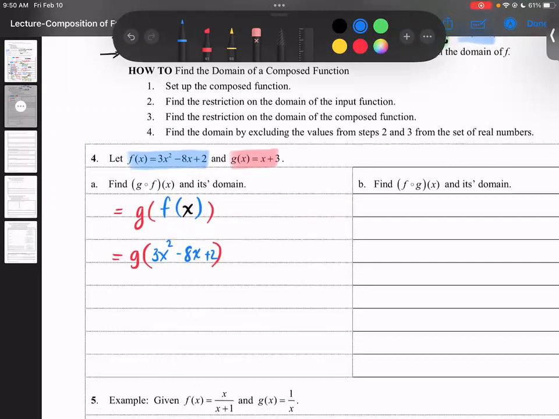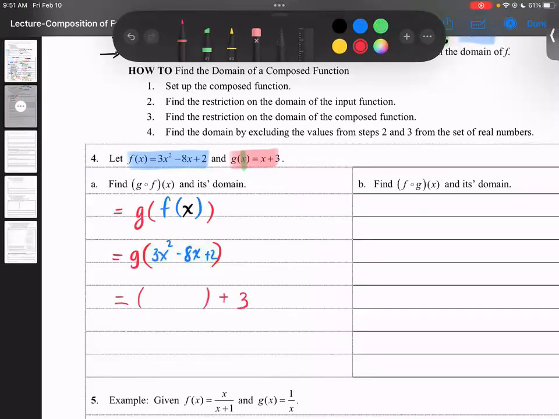Just follow the steps. Now what is the input of g now? I call this a blob. That's my new blob, right? No longer x, that is a blob. I'm gonna replace x with that blob. So instead of x plus 3, it's gonna be blob plus 3. So it's gonna be something plus 3.